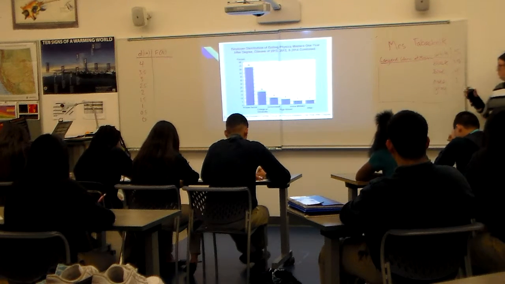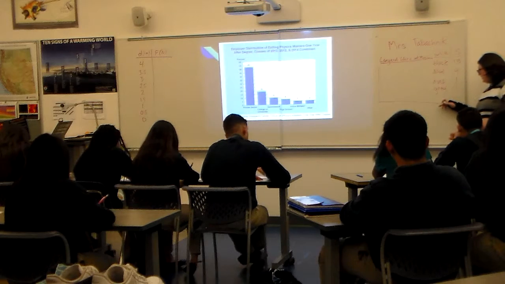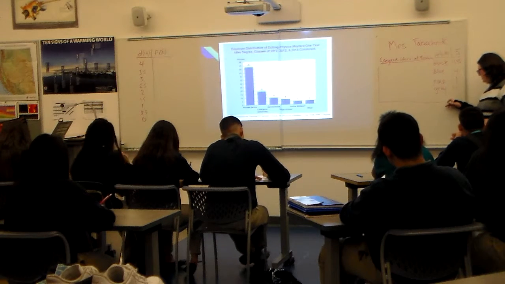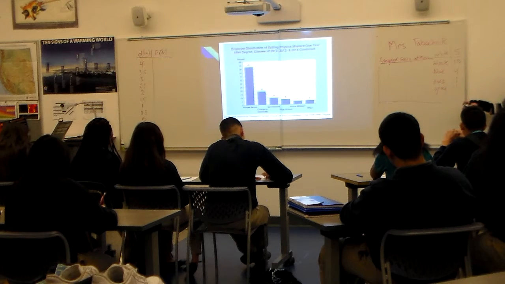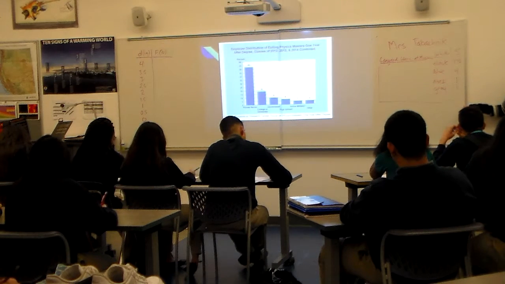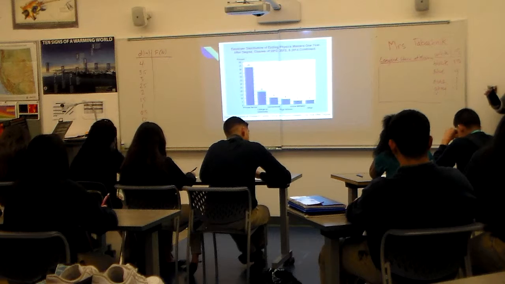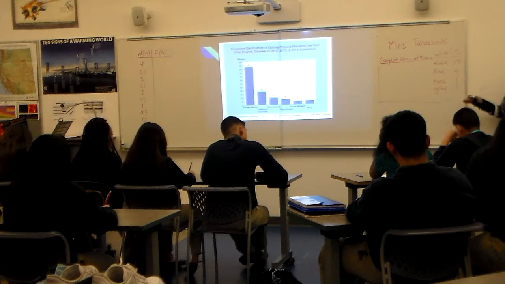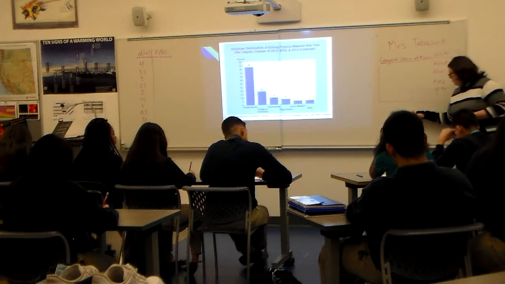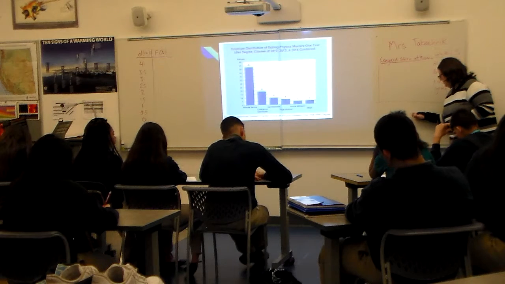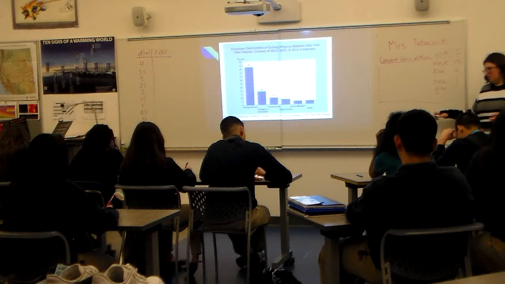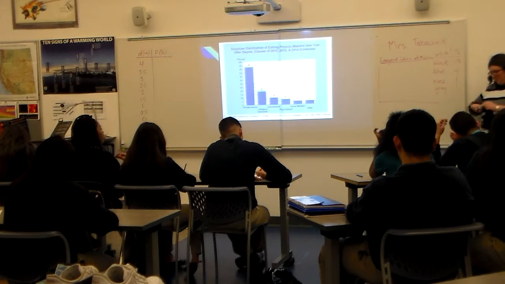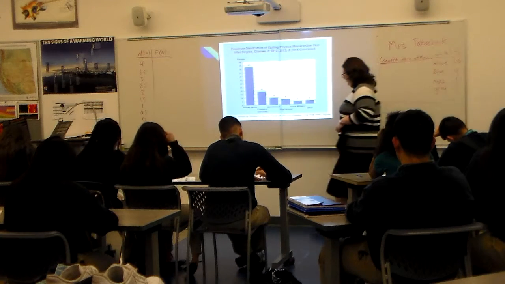Once we have that, we're going to look at the x-axis. The x-axis is always the one going to the side. And the x-axis is the one that's going to tell us what are the qualities that we're looking at. What are the things that we're comparing? So we're going to give it a title. Here we're going to write color.